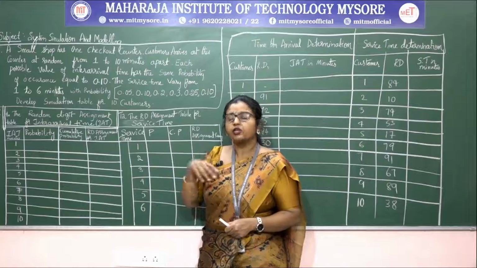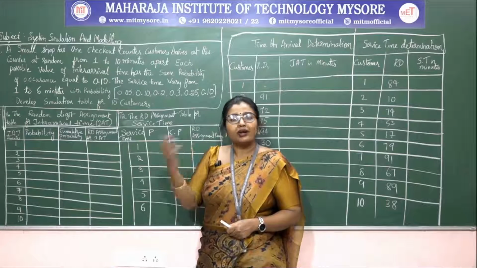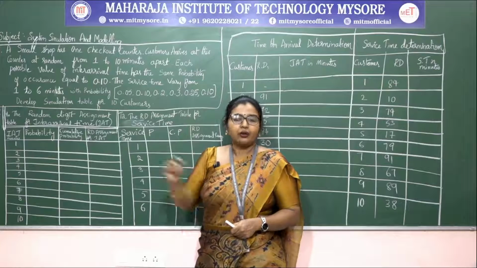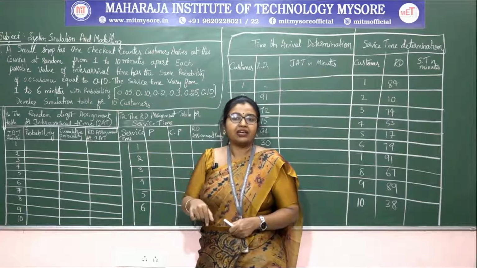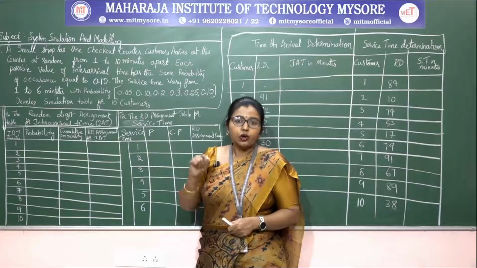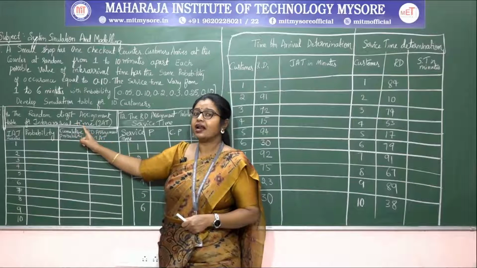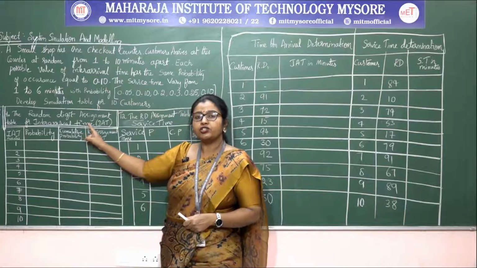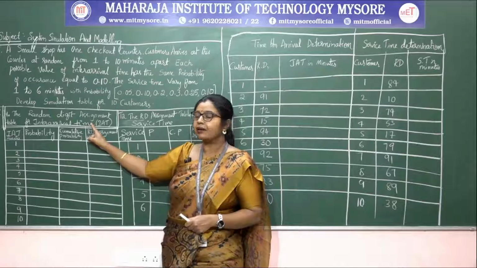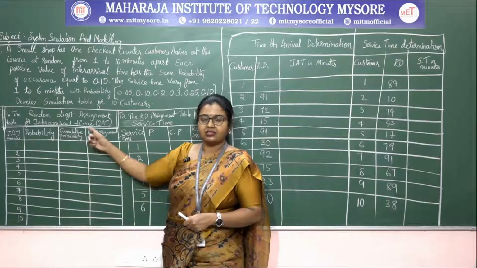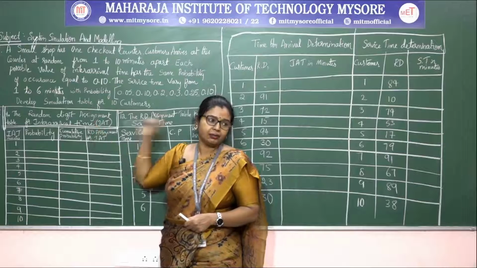But you need to identify at what time the first customer comes and at what time the second customer will come into the shop. That timing is nothing but the inter-arrival time. So in order to generate that inter-arrival time, we need this random digit assignment table.